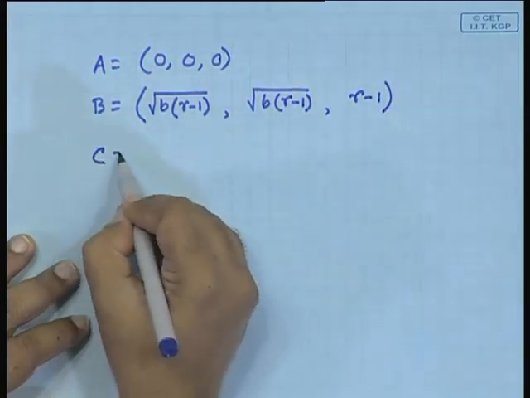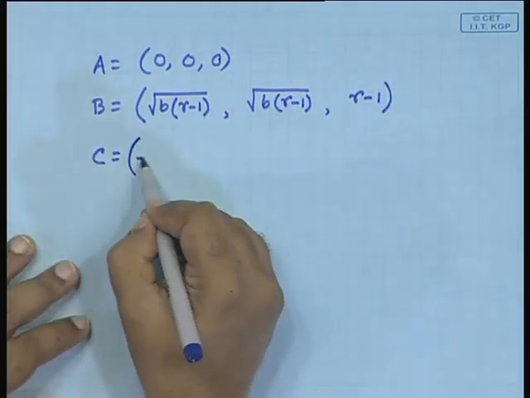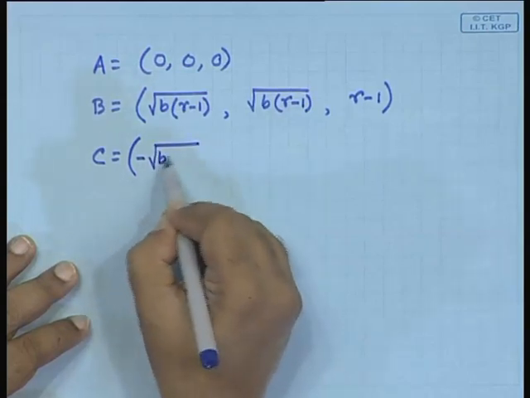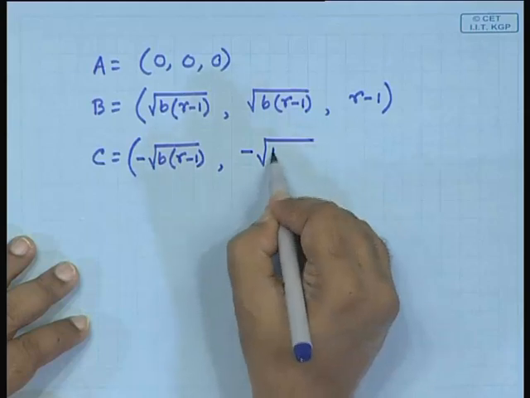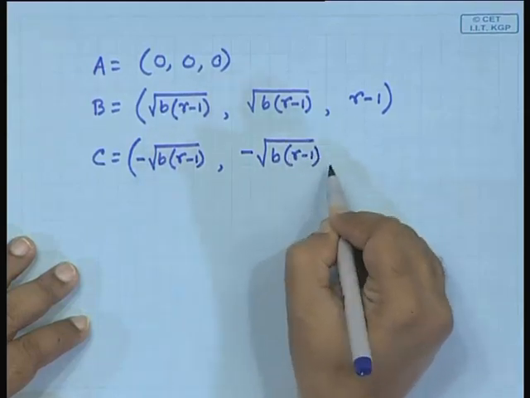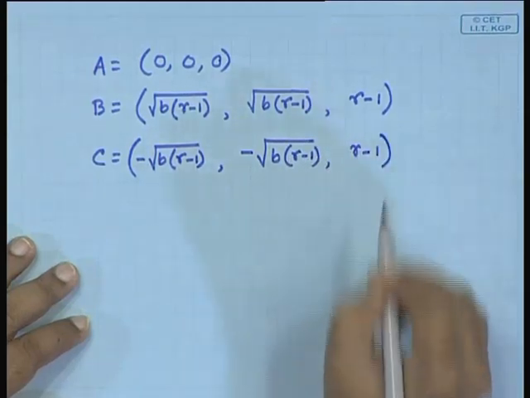And C is the mirror image of it: minus root over b into r minus 1, minus root over b into r minus 1, and r minus 1.